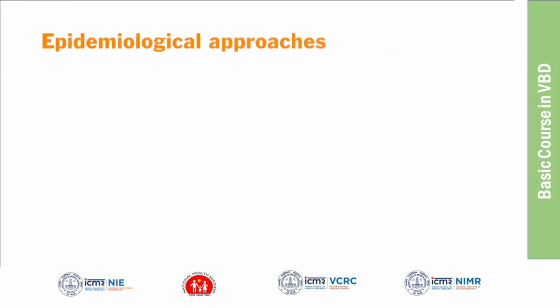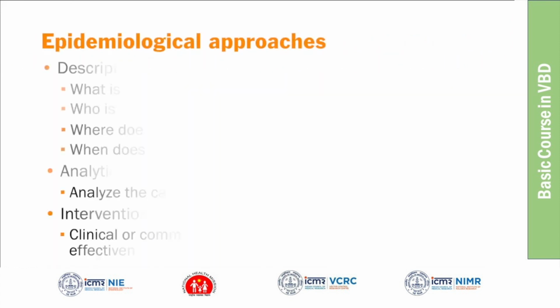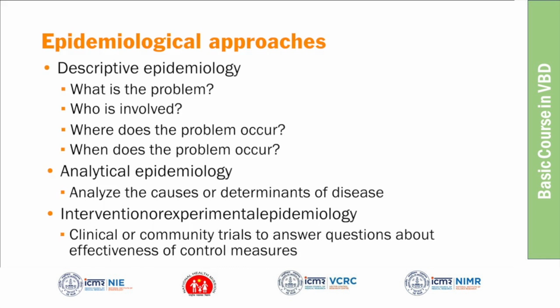I would now like your attention on three broad approaches in epidemiology. One is called descriptive epidemiology, the other is analytical epidemiology, and the third is interventional or experimental epidemiology. Descriptive epidemiology deals with what we learned from the definition, the distribution. I also mentioned quantifying the problem and talking about who is affected, where they are affected, and when they are affected.